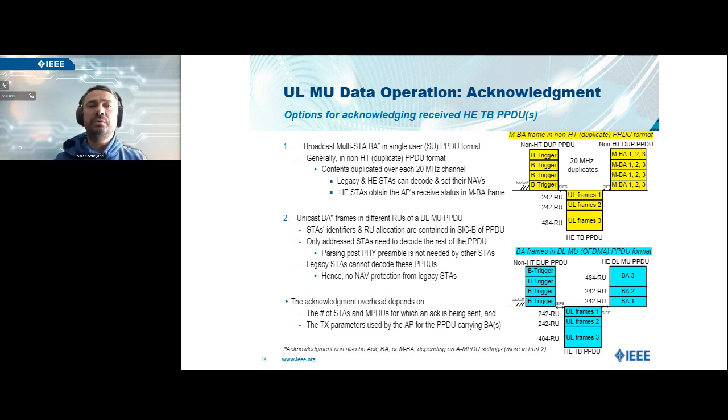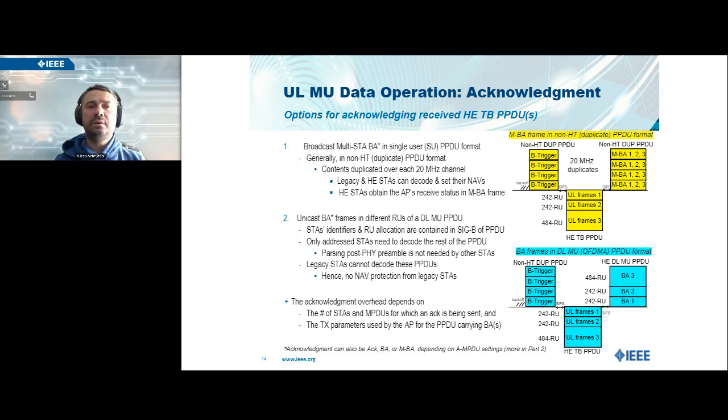And this is because we want this block ACK frame to be decoded not only by 11ax stations, but also by legacy stations, so that they can set their NAVs correctly based on the duration field of the block ACK frame. And of course, the HE stations are going to be able to obtain the access point's received status in the multi-STA block ACK frame, if they had sent any data frames in the trigger-based PPDU that solicited this multi-STA block ACK.